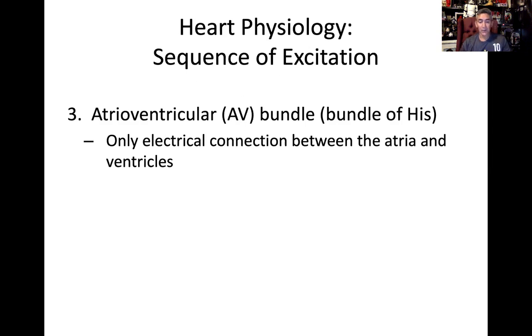We have the top part of the heart, the atria, and the ventricles beating, but in order for them to be completely synchronous, we have to have communication between atria and ventricles. And where does that communication happen? At the AV bundle, or bundle of His, which is going down the ventricular septum. Deep in the septum, we have this AV bundle.